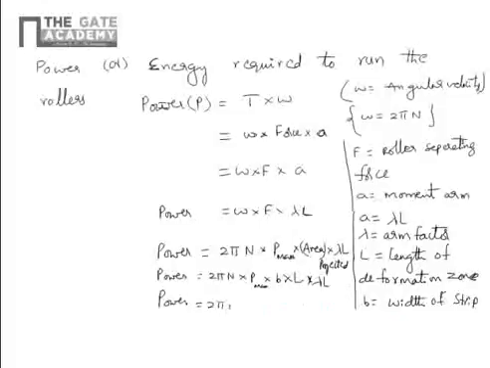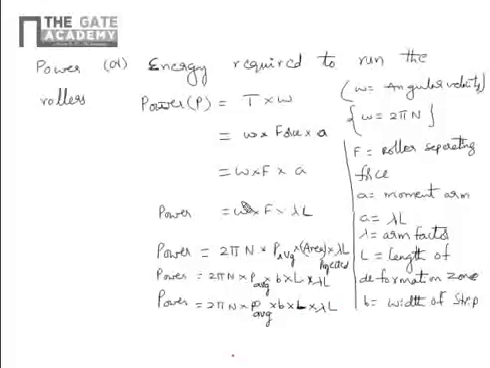So 2 pi n into P average, sorry, it is not max, P average, because we won't take P max, we take P average. P average into B, the width, into length L, into lambda.